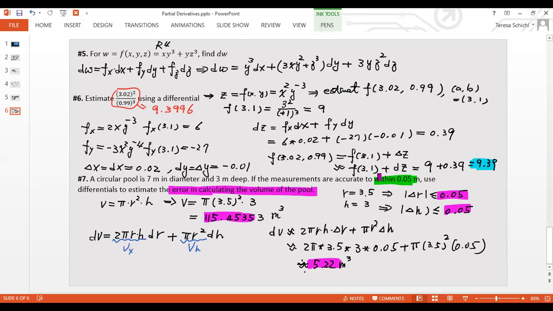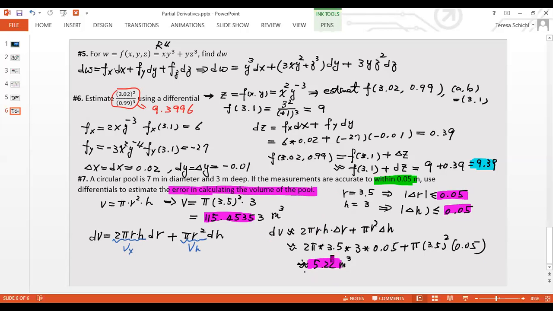Like I said, this type of problem is very commonly used in industry, because a lot of the time they always associate an error with the input variables. If your input variables have a certain error, then your output variable is going to have a certain error.